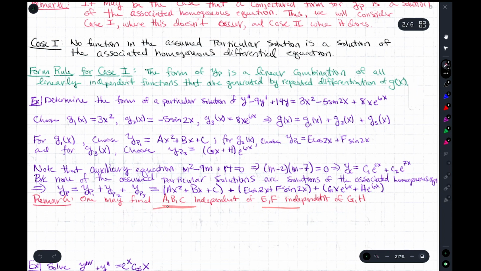So one may find ABC independent of EF, independent of GH. What does that mean? That means that what you could do is just take this and do what we did in the previous example and solve for ABC, okay? So what you'll do is take this and just this, ignore these, and solve for ABC.